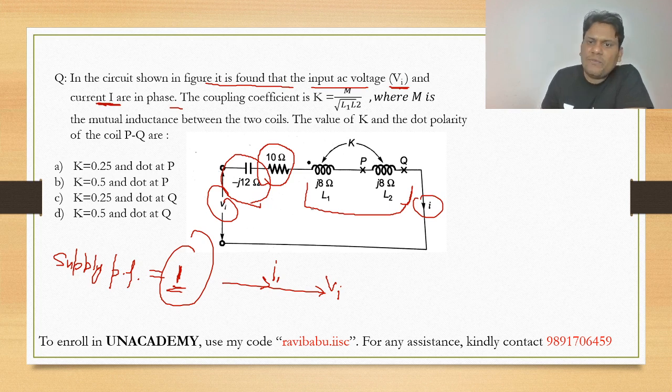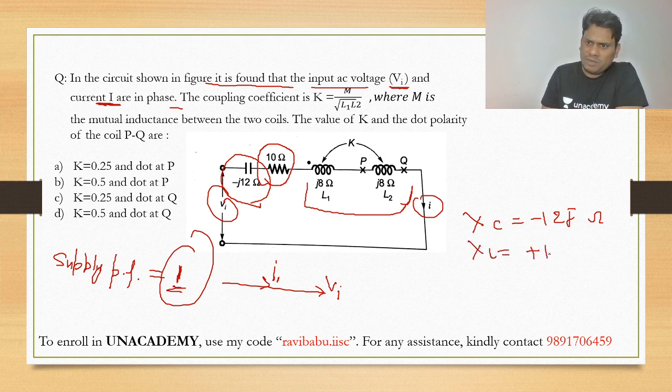So if the value of XC is minus 12J ohm, then the value of the entire coil XL should be plus 12J ohm. Now, what is the method to identify the equivalent inductance when we have two coils and mutual inductance is also present between them?